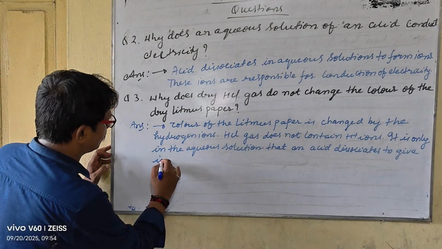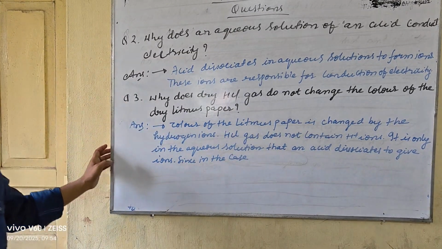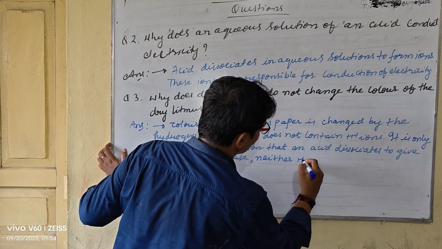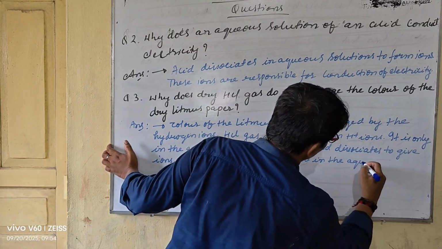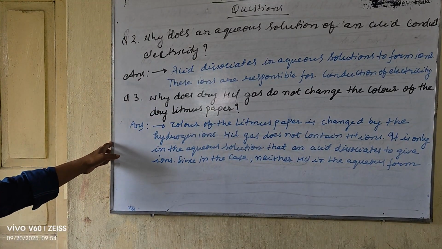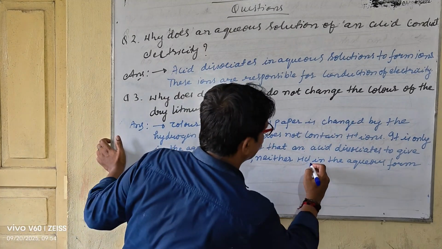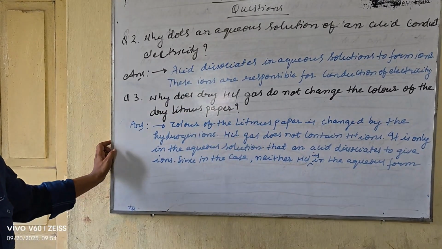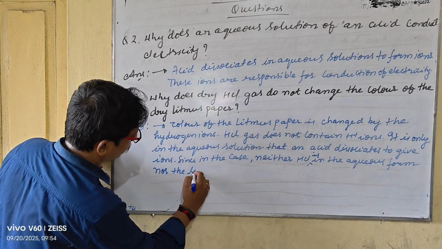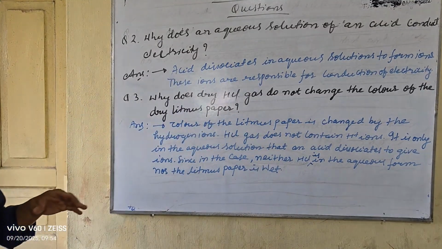Since in this case neither is the HCl in the aqueous form, nor is the litmus paper wet, this is the main reason.